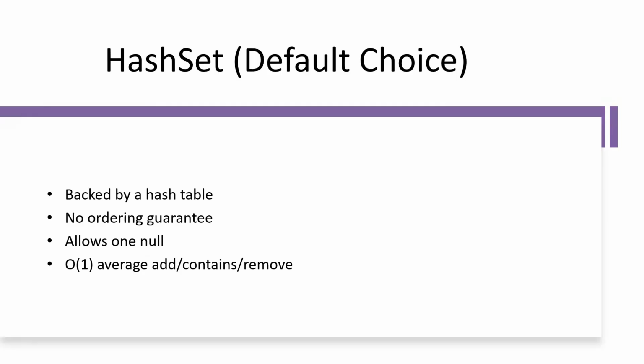So a set, in a way, is a hash table in disguise. The element that is contained in a set is the key in the hash table. But again, I'm not going to go too deep here.